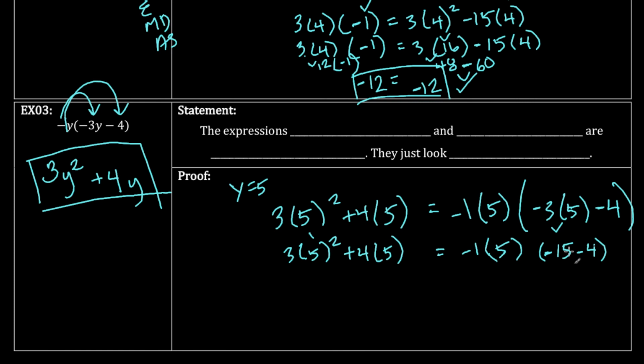We're not done with parentheses. So negative 1 times 5 times negative 19. Right here I may as well, since I'm done with parentheses, do this exponent. 5 squared is 25.